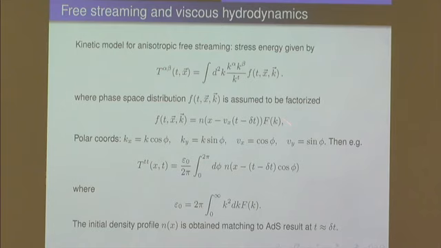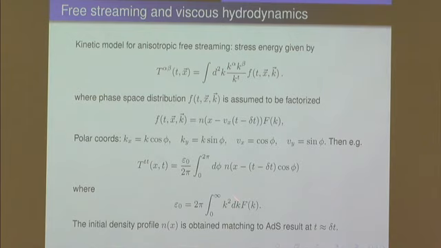Now the details of this function don't matter, because when you go to polar coordinates, the k part of the integral you can do, and that just gives an overall energy density factor in front. Then all that remains is this density profile that goes in here.